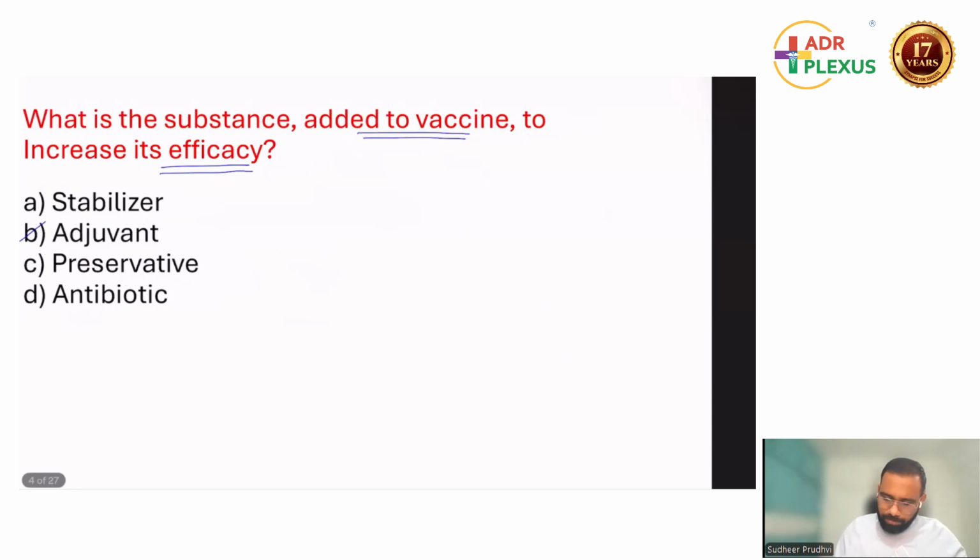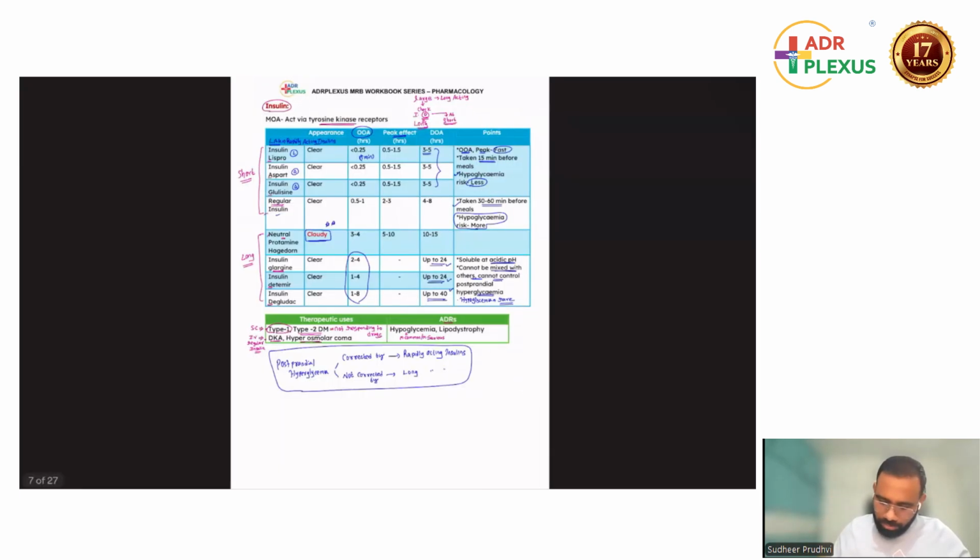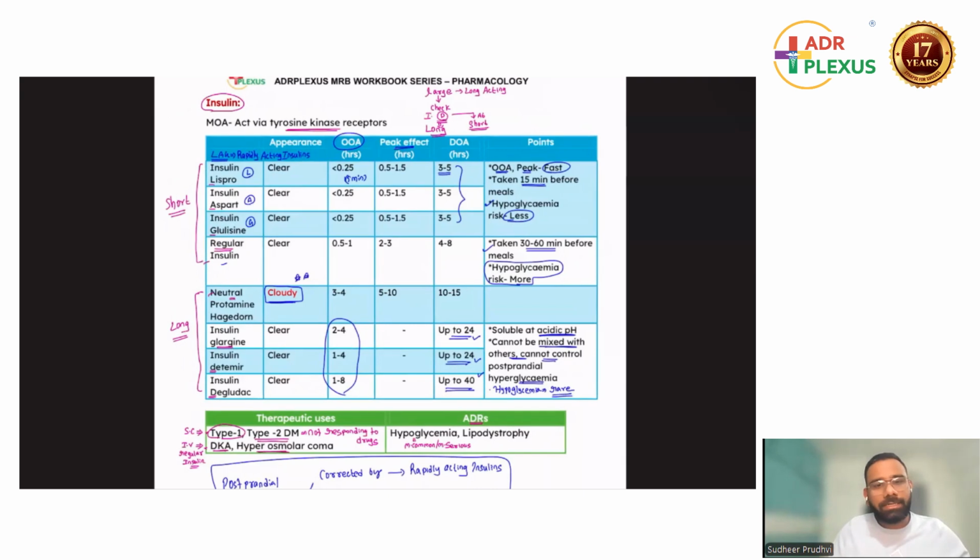Now coming to the next question, Technosphere insulin also called as. Here, this also we have discussed in the MRB workbook. We can rule out the options here. First I'll show you the screenshot of our workbook. Here I have mentioned all the insulins in a single tabular column, which are short-acting and long-acting insulins.